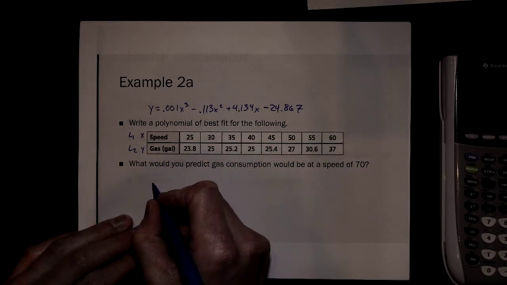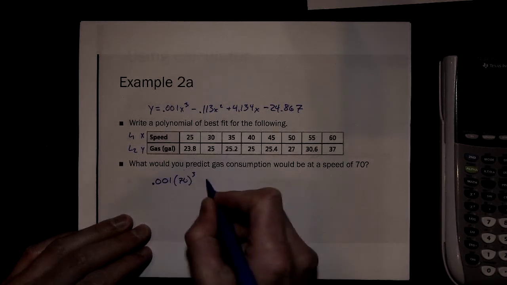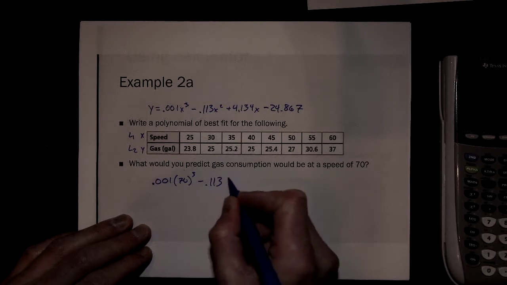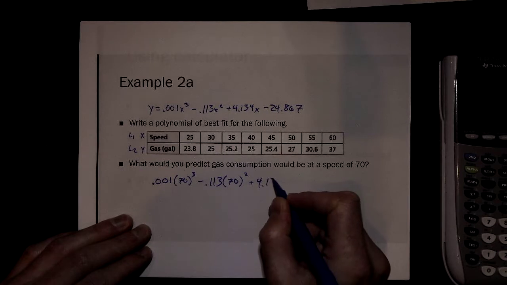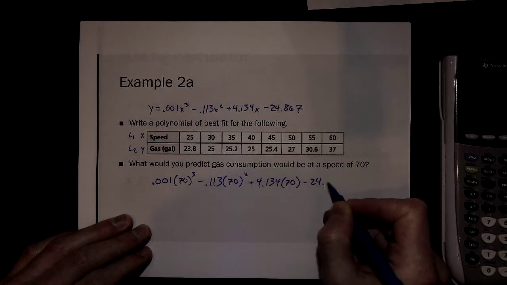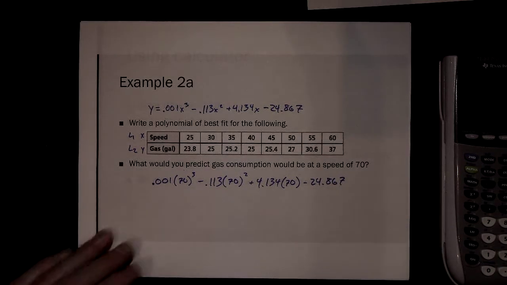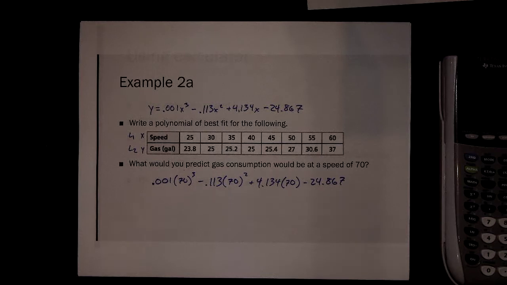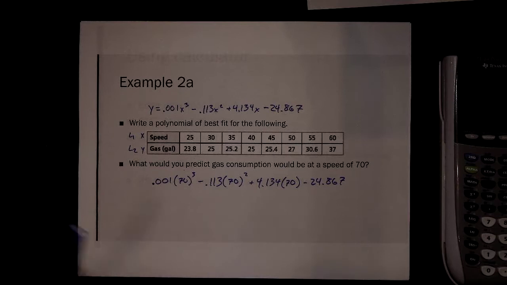So that means it's going to be 0.001 times 70 cubed minus 0.113 times 70 squared plus 4.134 times 70 minus 24.867. And if you show this work on the test and you then plug it in wrong in your calculator, you're probably going to get at least partial credit for that because you're showing that you're trying to do the right thing.